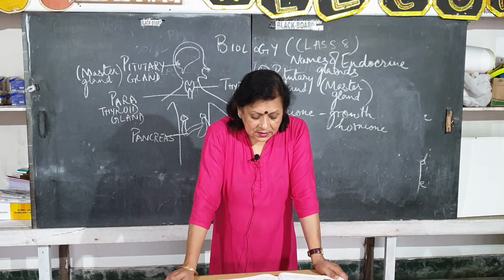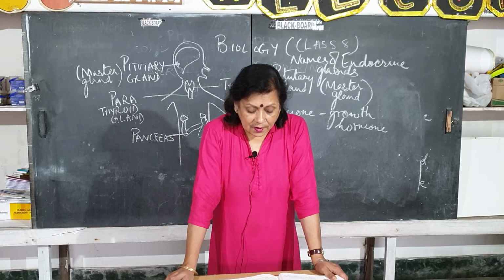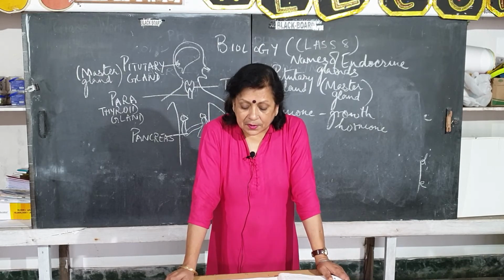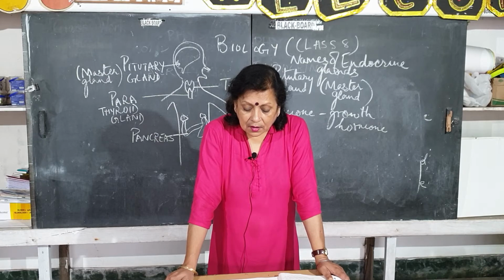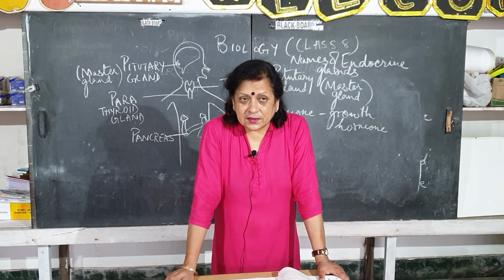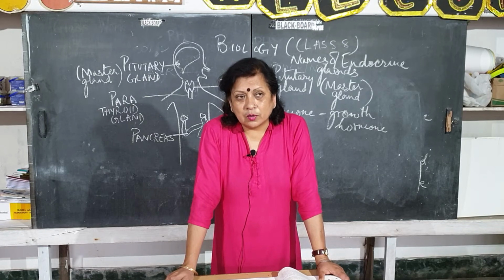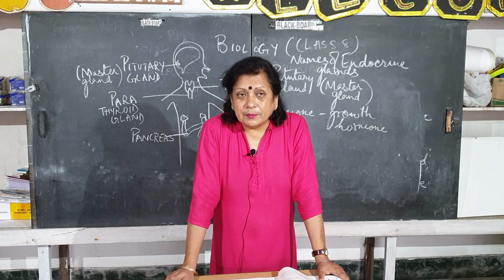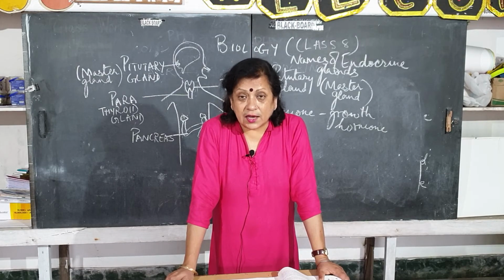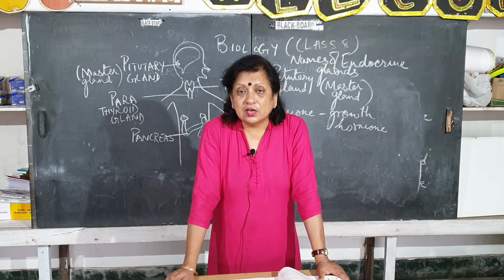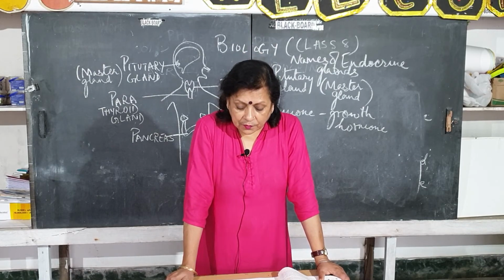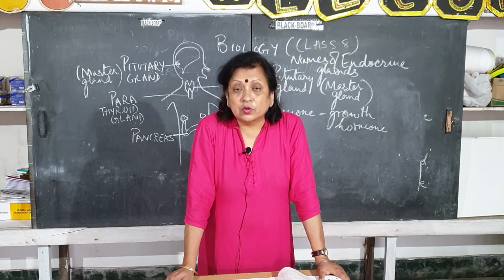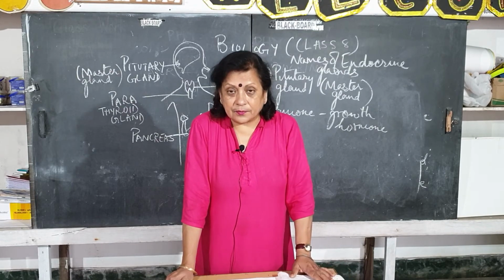So the functioning of the growth hormone is very important, because it controls the development of the human body. And as I said, oversecretion of the growth hormone will make the person very tall, a giant, while undersecretion will make a person a dwarf. So it controls the overall development and growth of the human body.